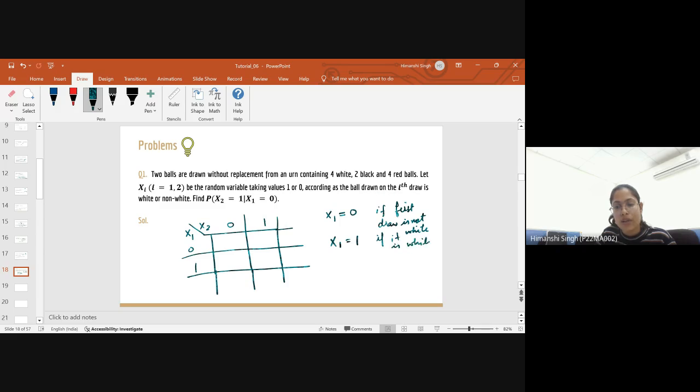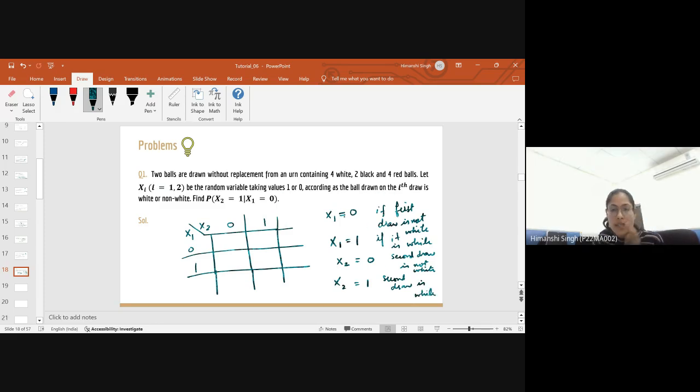So we are talking about the first draw here. Now x2 means we are talking about the second draw. It is 0 if the second draw is not white, and x2 is equal to 1 if the second draw is white.